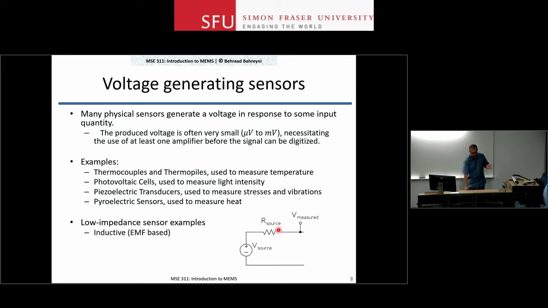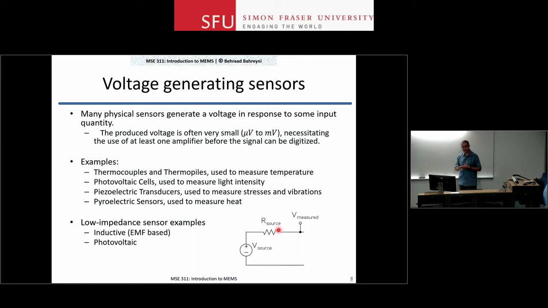Some examples include inductive sensors, where you have, let's say, a moving core inside a coil that you're using to do a displacement measurement. Inductors have very low impedances. It's basically a piece of wire that you've wound many times, at low frequencies especially. So you can actually do your voltage measurement without worrying too much about R source.